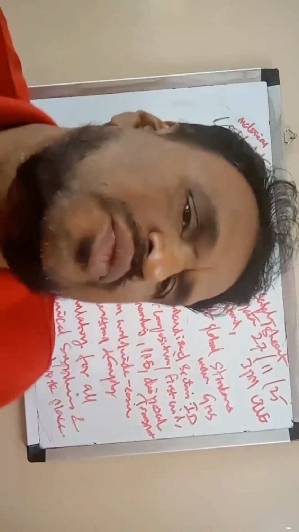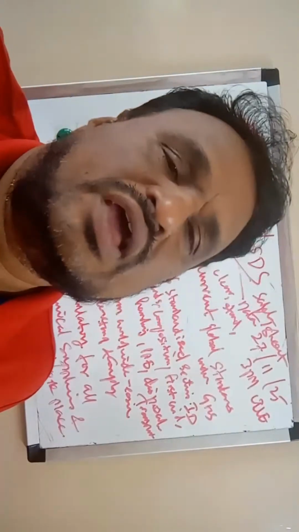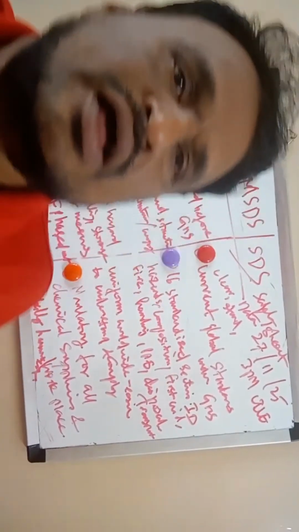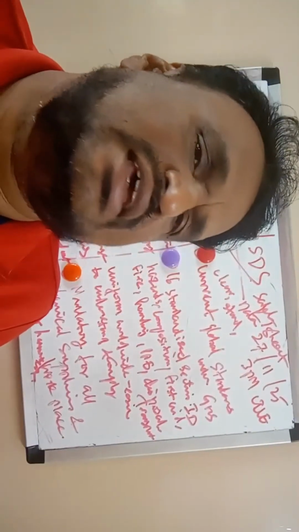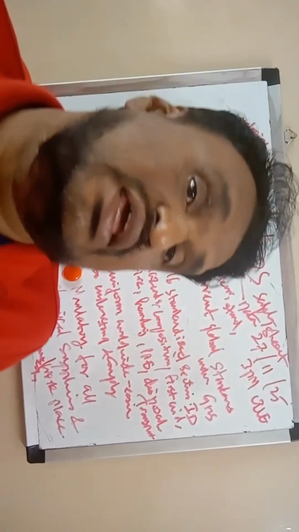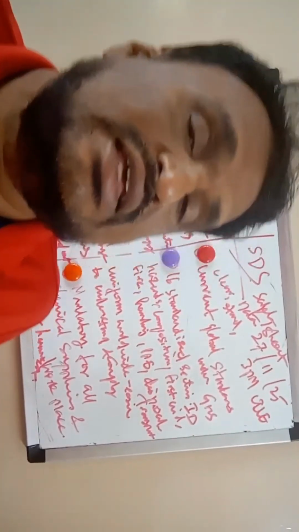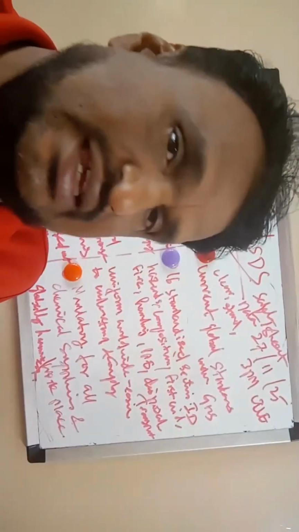That is what we normally used everywhere before. But worldwide the system has changed. Now it has become SDS, Safety Data Sheet. The universally recognized one is the Safety Data Sheet.